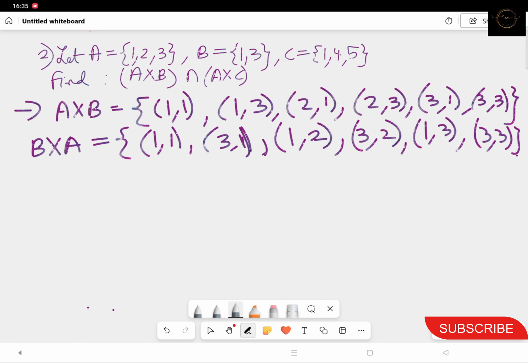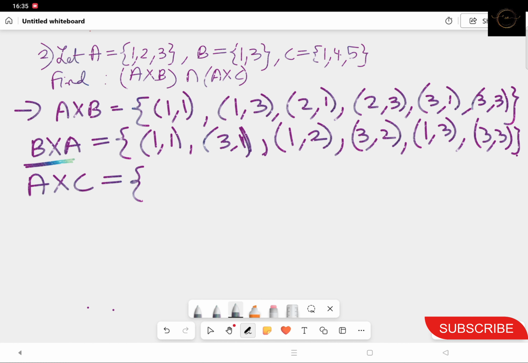Though B into A is not asked in the question, I just showed you how to find it, in case B into A is also asked. You can just change the orders. No need to calculate the whole thing again.